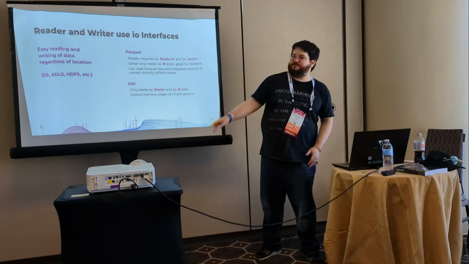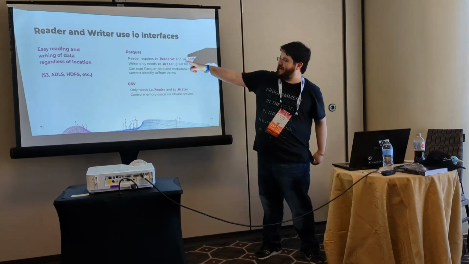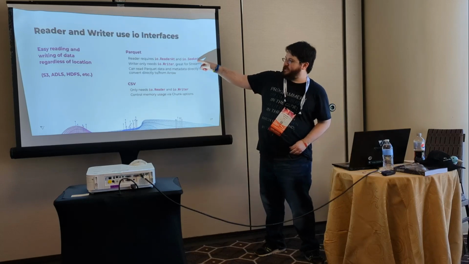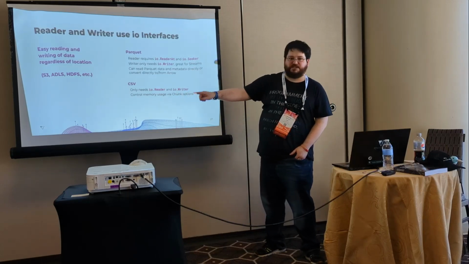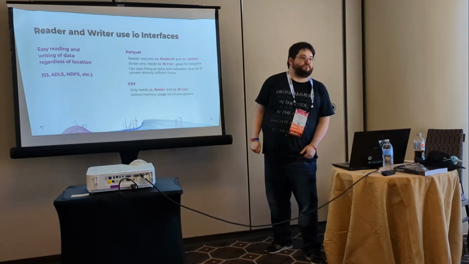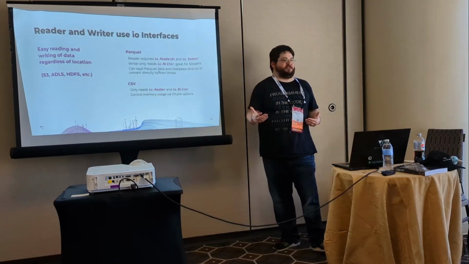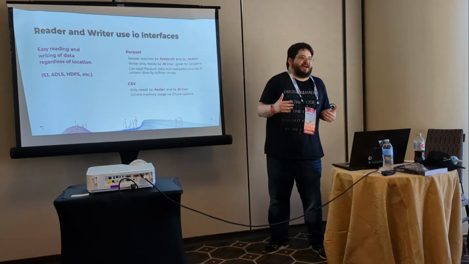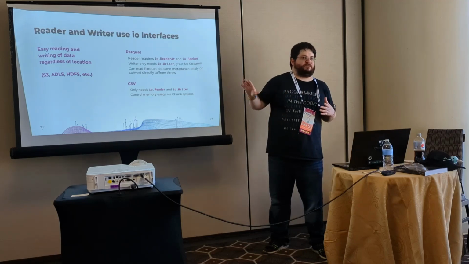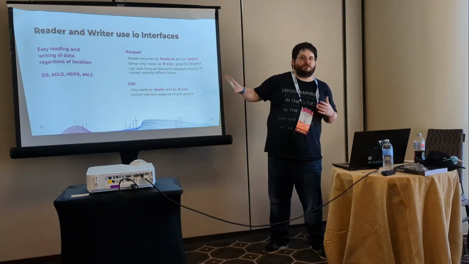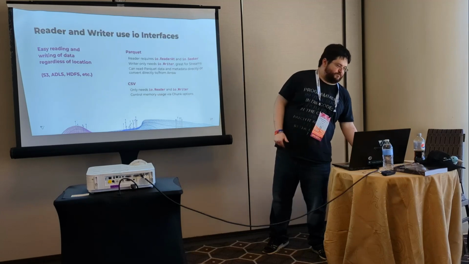As long as you have a ReaderAt and Seeker for the Parquet, or for CSV, you only need reader and writer. Remember, we're taking advantage of Go's interface system there, where we don't have to package this whole file system thing with the Go Arrow libraries. You can just leverage what exists.